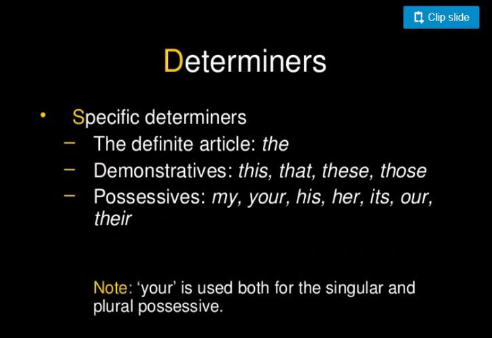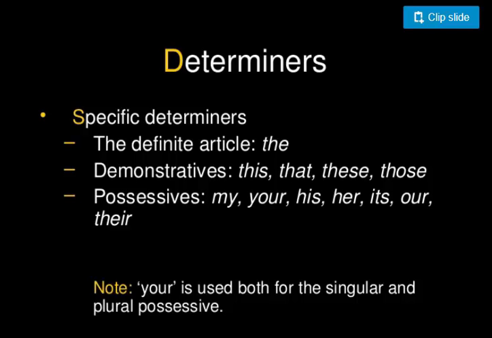What are the specific determiners? The definite article, as we have already discussed articles. There are two types of articles: definite and indefinite. The definite article is the. So here are some specific determiners which are represented in the noun group or sentence. The definite article the is also used as a determiner. Then the demonstratives. Demonstrative means to point out something or give the location of something.